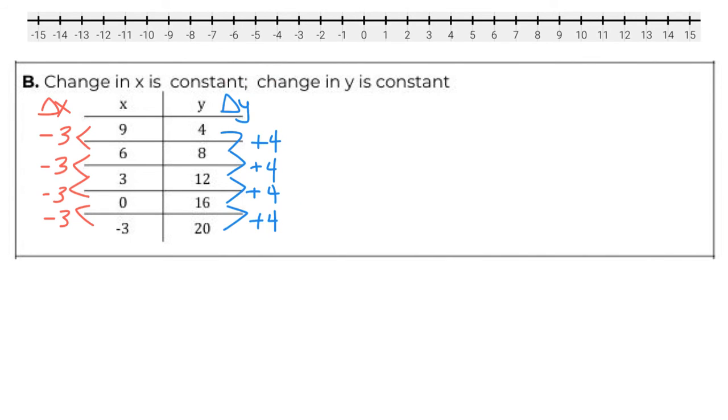Let's find the rate of change, recalling that the rate of change is always the change in y over the change in x. And so when we look at our table, there's only one that we need to look at because they're all going to be 4 over -3.